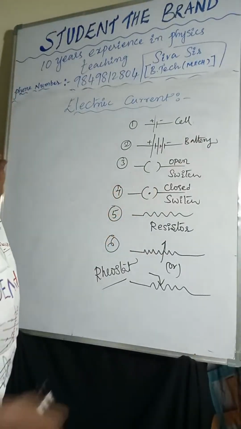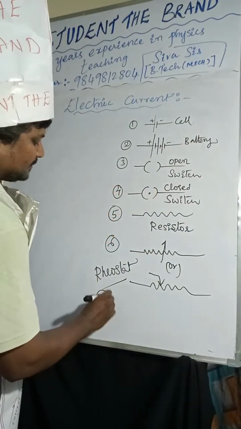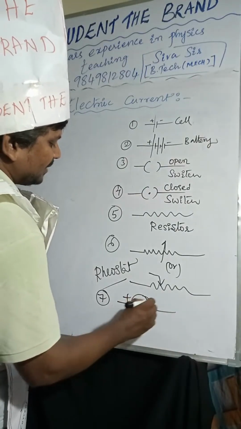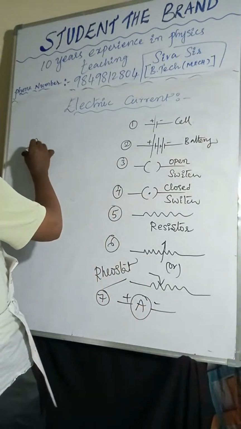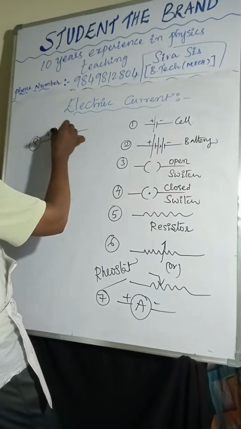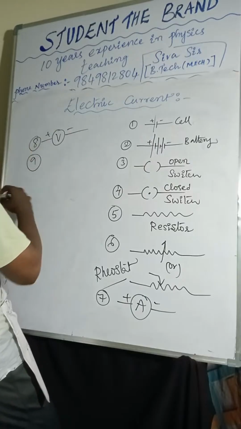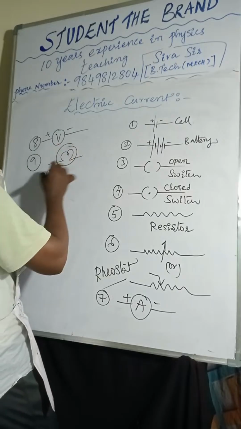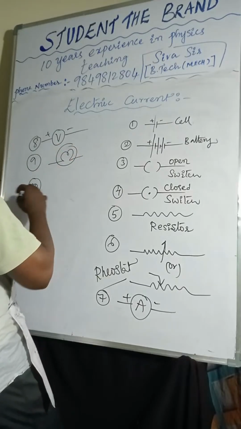Next one, ammeter. Seventh one is ammeter. Positive terminal, negative terminal. Eighth one, voltmeter. Positive terminal, negative terminal. Next one, bulb, I am taking. Tenth one, bulb I am considering.